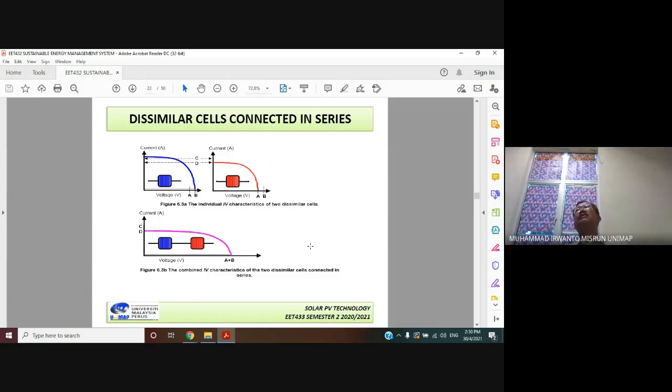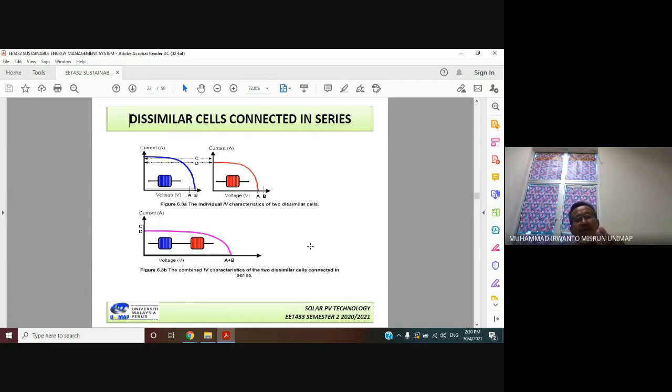Okay, so how about the connection of PV cells if one PV cell and the others have different datasheets? Maybe some PV cells are fabricated by a different factory, and the factory gives the datasheet.